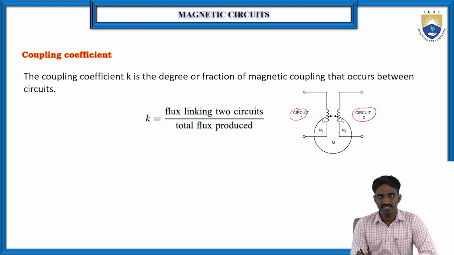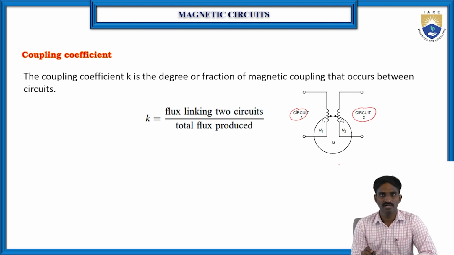So the amount of voltage produced across the secondary terminals depends on the degree of magnetic coupling between the two circuits, which means it is based on the coefficient of coupling.